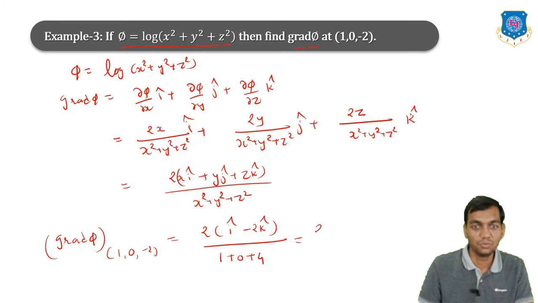And that means, if you write it in a simple form, 2i minus 4k divided by 5. And this one is the answer.